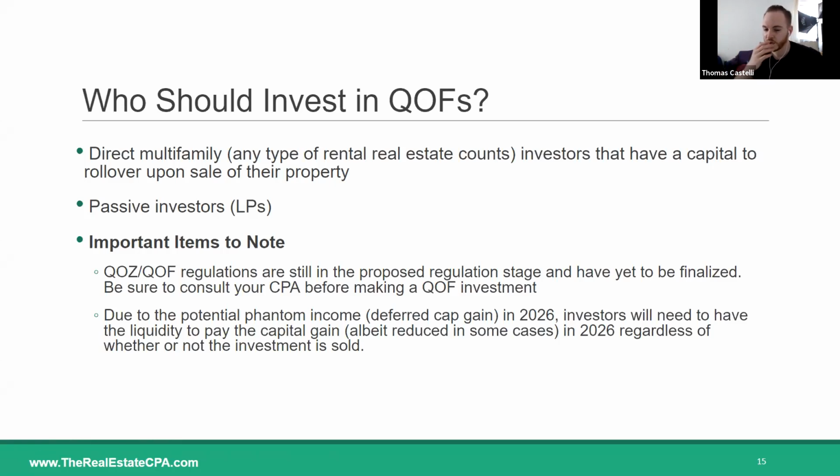So in other words, you're going to have income tax, but you may still be holding the investment. So there's some financial planning that needs to be done here. You need to make sure you're going to have the liquidity to pay that tax if you're going to continue to hold the investment. And for some people, that's something you're going to need to plan very carefully.